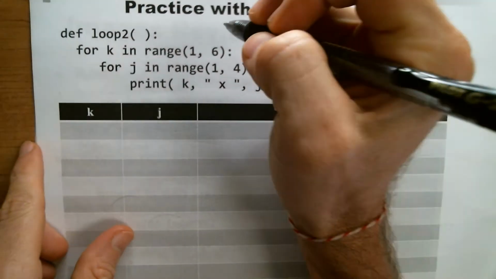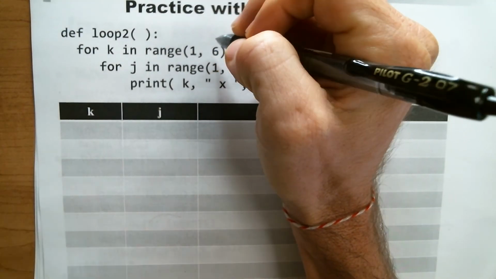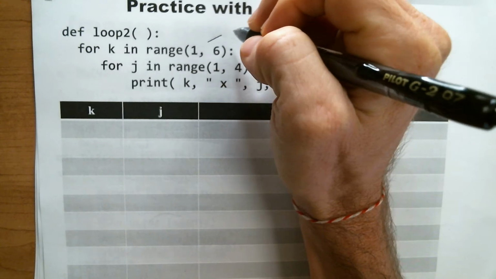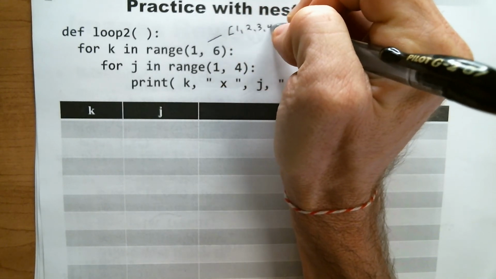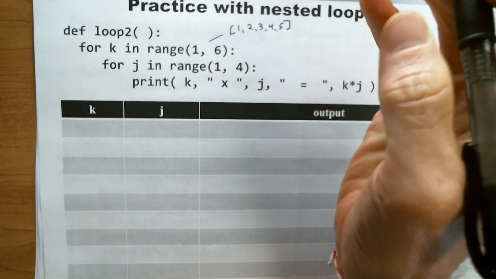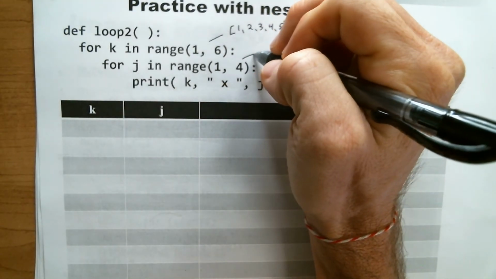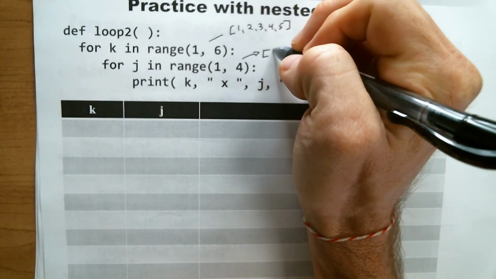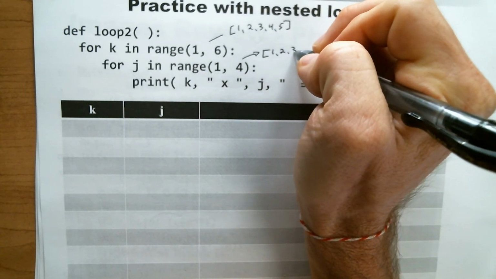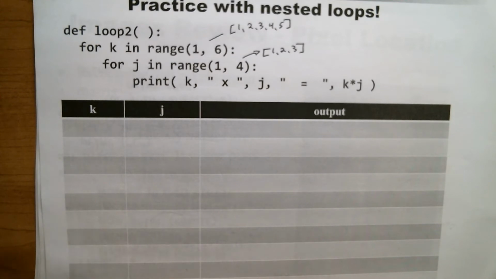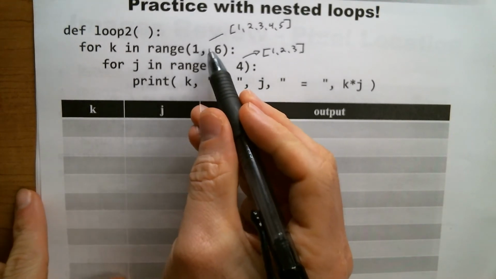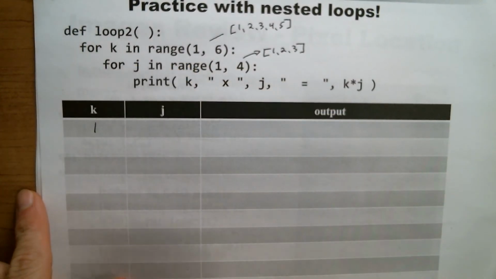All right. So what we have here is a range from 1 to 6, which we now know is 1, 2, 3, 4, 5. And we have a range from 1 to 4, which is really 1, 2, 3. So the first loop is going to start. K is going to be 1.